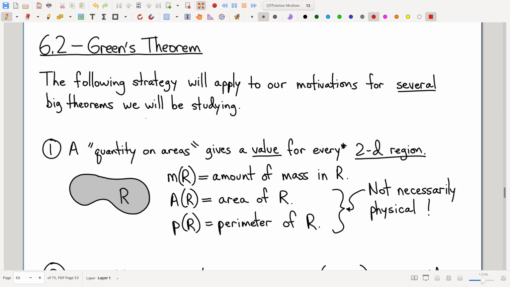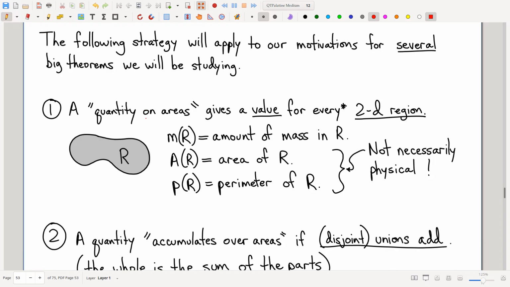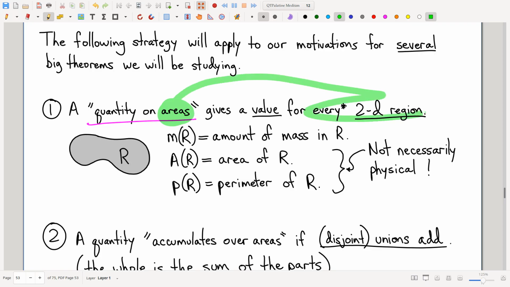So there's a particular strategy that we're going to apply to be able to do this, and I just want to start this abstract discussion of what this strategy is going to be, and we've got a couple of minutes. The first thing I'm going to talk about real quick is what I mean by a quantity on areas. This is ultimately not that big of a deal, but the idea is, for any given region, let's not worry about regularity issues, any two-dimensional region, a quantity means you can give me a value corresponding to that region.